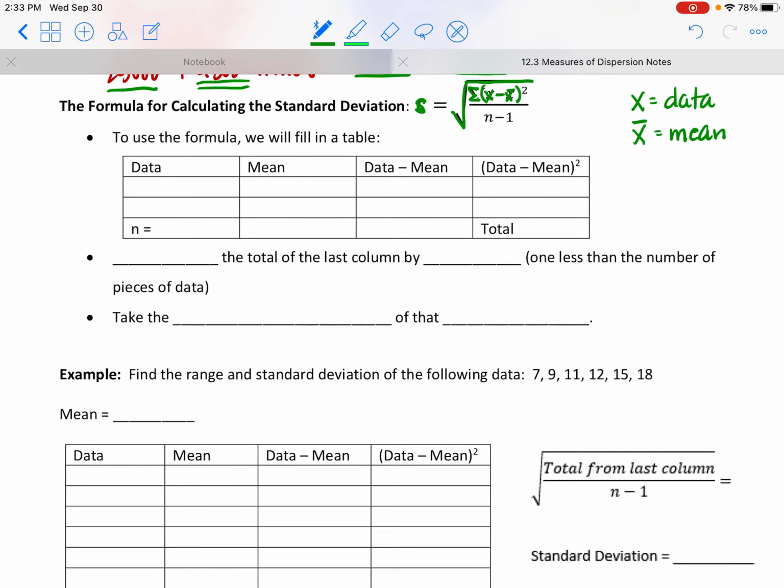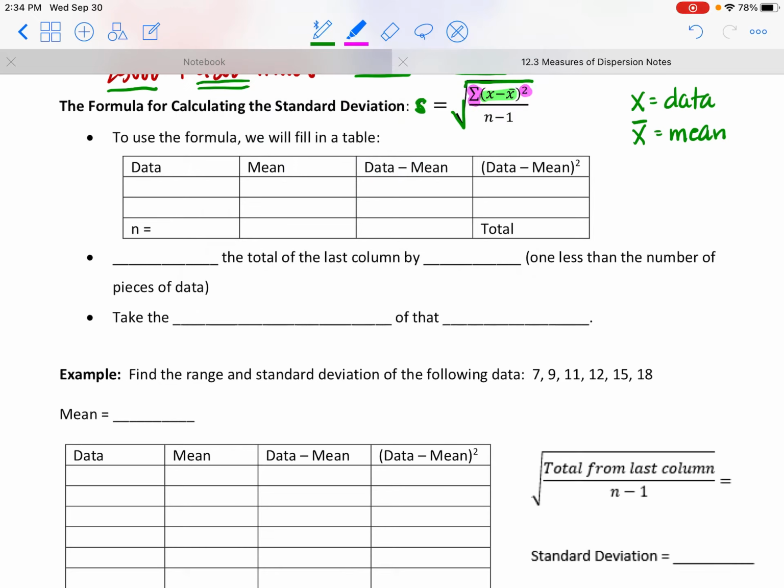So what it's telling us to do in the parentheses is take every piece of data and subtract it from the mean. It should make sense that we're going to do that because we want to know how far each data piece is from the mean. And then this sigma means find the sum of all of those.